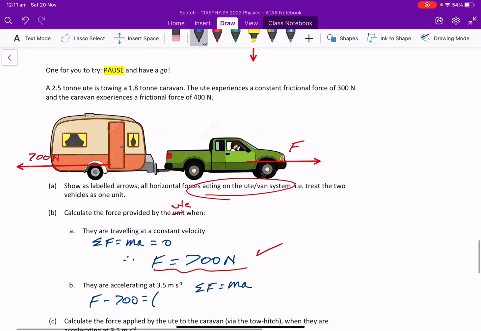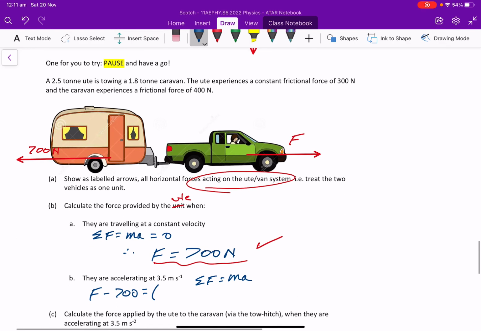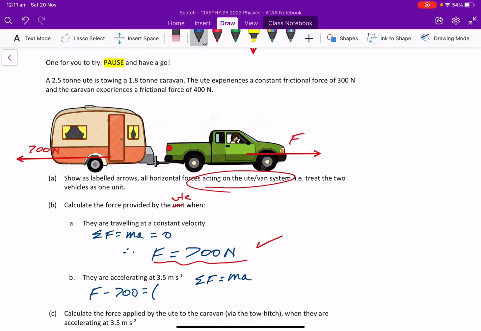Now the total mass of this system is 1.8 plus 2.5 times 1,000, because we're in kilograms here. So I've got 4,300 kilos as the total mass that needs to be accelerated by this force, and the acceleration is 3.5.